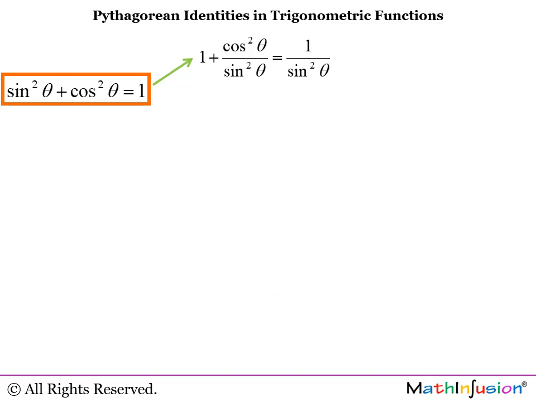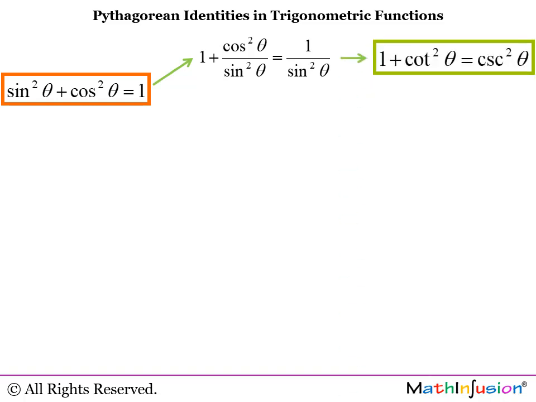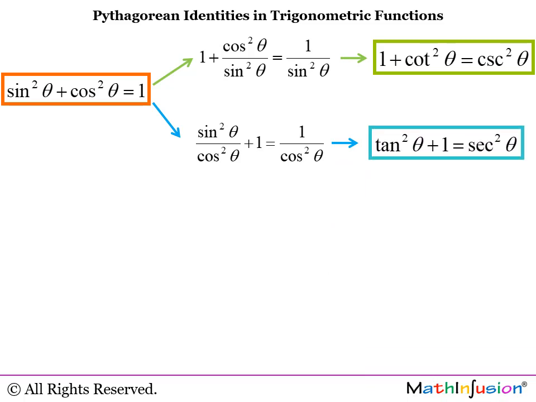For example, if I divide everything by sine squared, I get this Pythagorean identity: 1 plus cotangent squared theta equals cosecant squared theta. Now I'm going to divide everything by cosine squared theta, and I get another Pythagorean identity: tangent squared theta plus 1 equals secant squared theta.